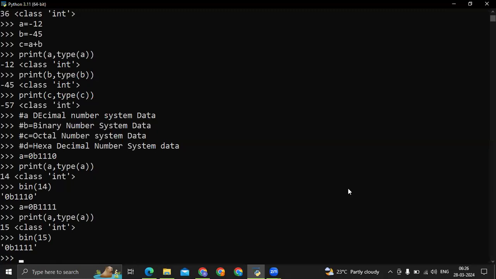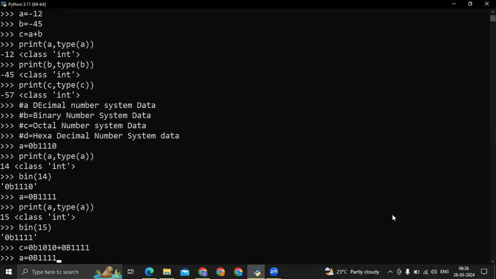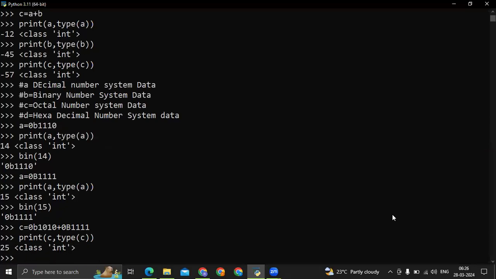Now, if I write C is equal to 0b1010 plus 0b1111, now print C. It's 25.